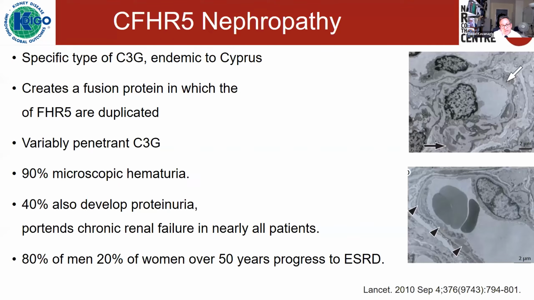Most people will just have microscopic hematuria, but in about 40% proteinuria will develop. And in that group, that's a portent of chronic renal failure in nearly all patients. Interestingly, there is a male-female split. 80% of men, but only 50% of women will progress to end-stage renal failure over their lifetime.